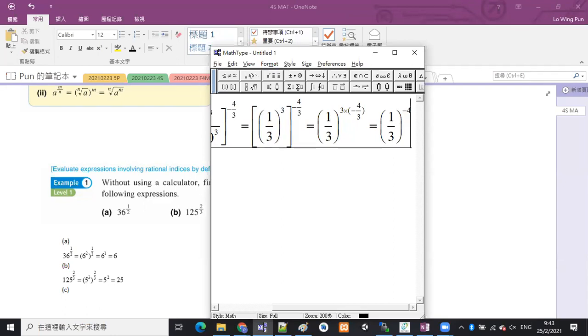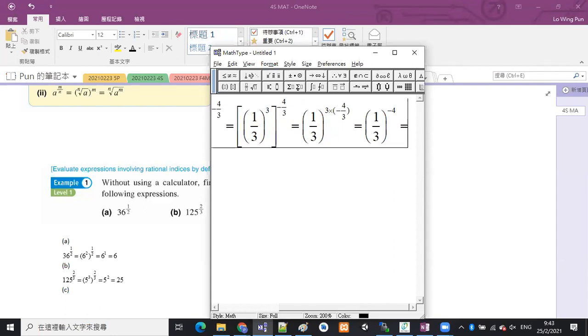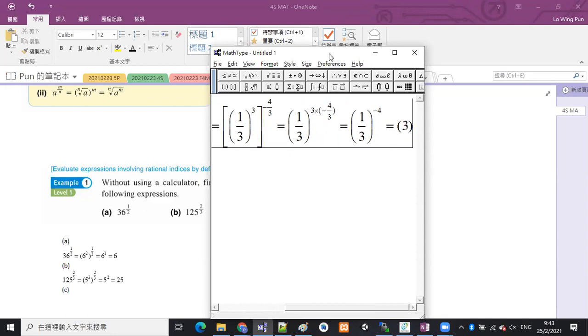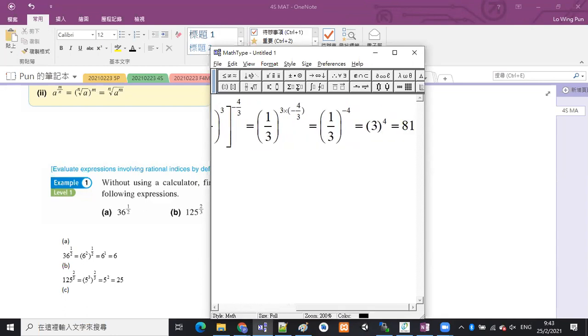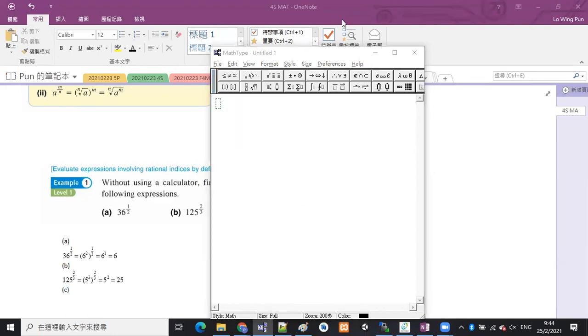Okay, power -4. And then you know that when it is negative index, you just change the fraction upside down. Okay, so it is actually 3 to the power 4. That is equal to 81. Okay, so that is like this.